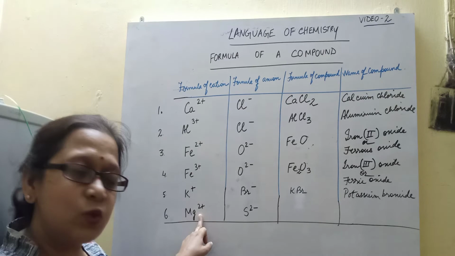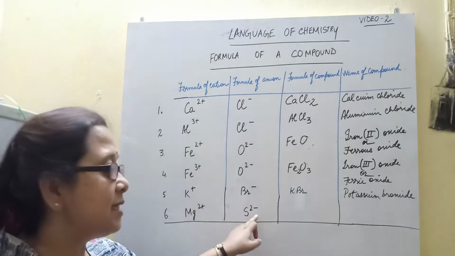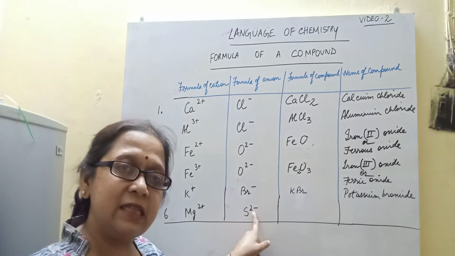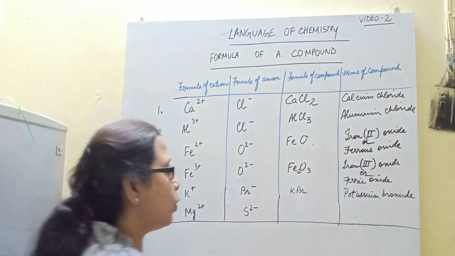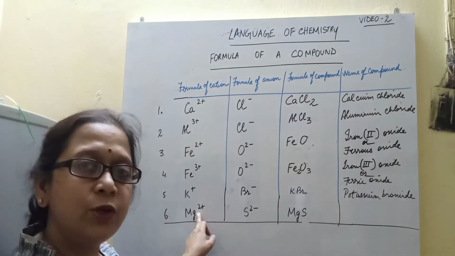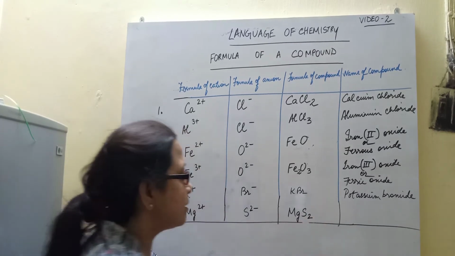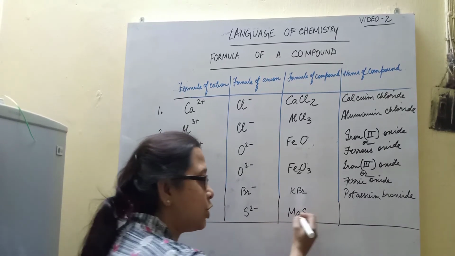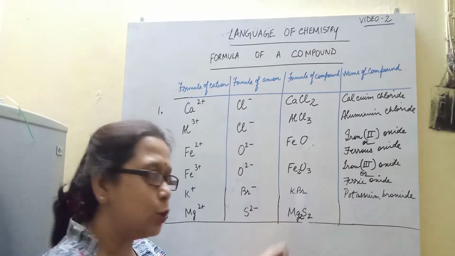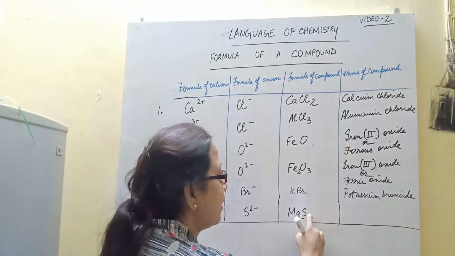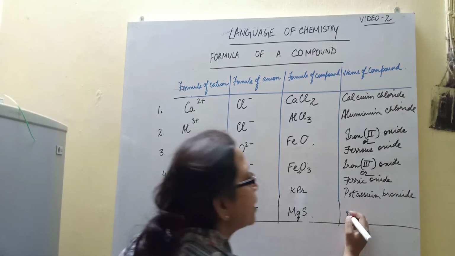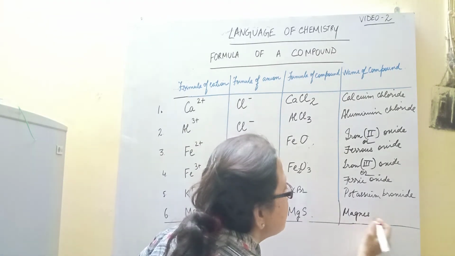Now the last one here is magnesium and sulfur. You can see magnesium's valency is 2, and the valency of sulfur is also 2. If we have to write the formula, what would we do? Magnesium's valency 2 goes to sulfur, sulfur's valency 2 comes to magnesium. This can be simplified by a common factor 2, so we arrive at MgS, and its name will become magnesium sulfide.